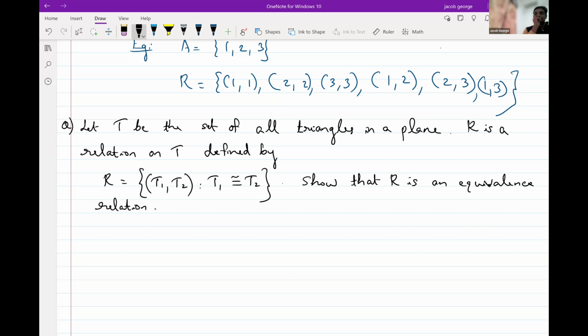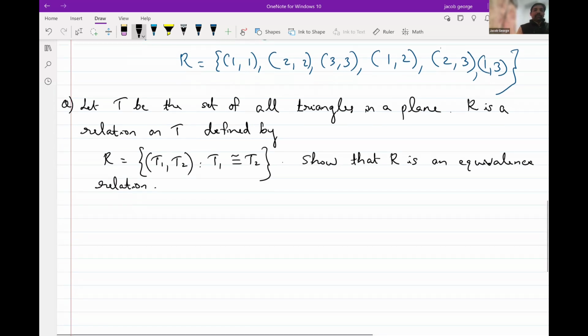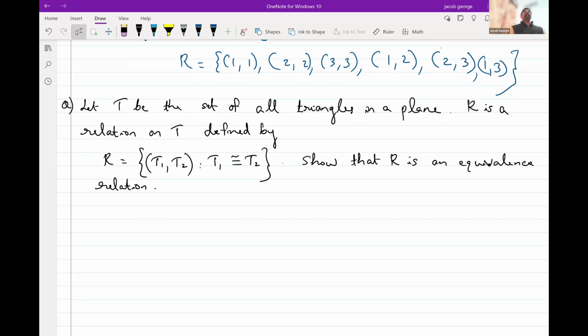Please write. Please read each and every part of the question. Let T be the set of all triangles in a plane, so in place of capital A, it is T. For every relation there is a basic set, and R will be from that set to itself.